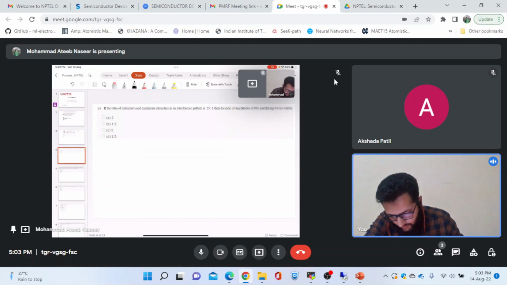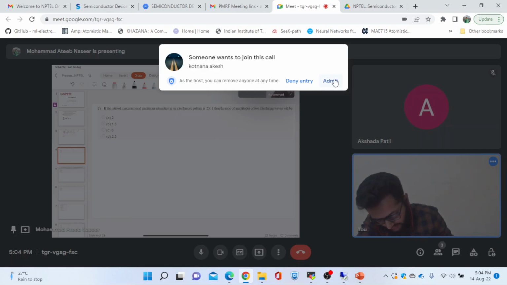Now if we move towards the third problem that was asked in the assignment, it states that if we have two interference patterns with the maximum and minimum intensities in the ratio of 25:1, what is the ratio of the amplitudes of these two interfering waves?